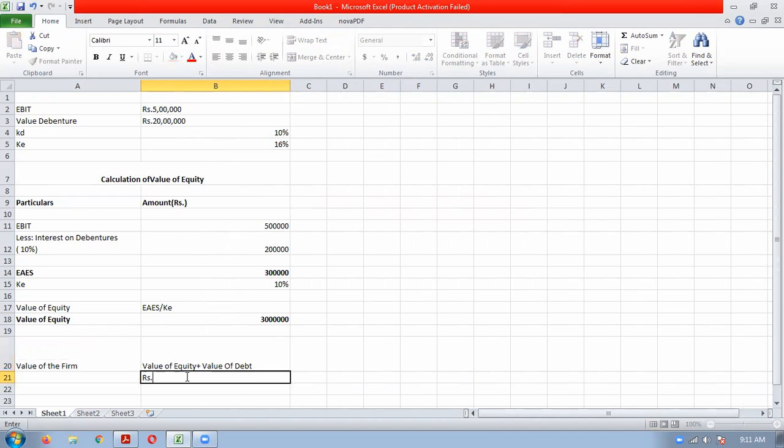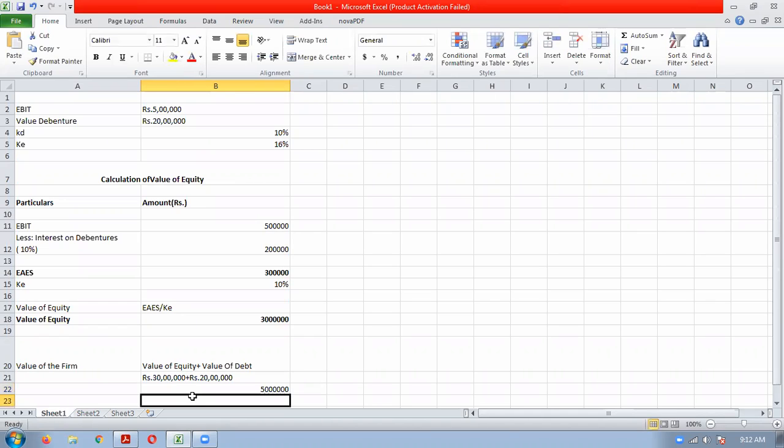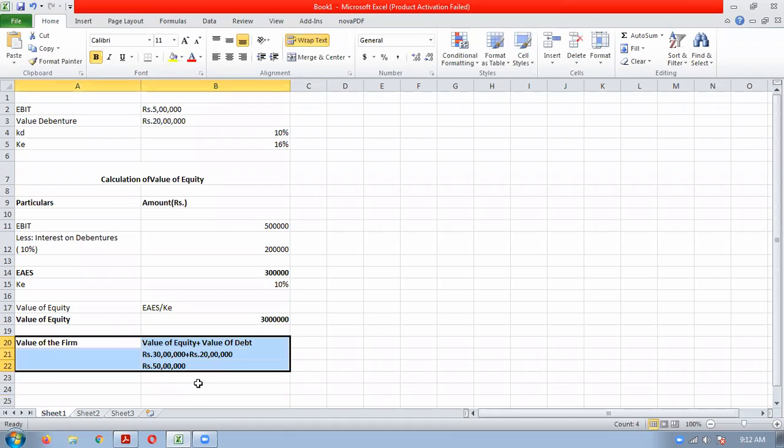Just now we have calculated 30 lakhs and value of debt is given 20 lakhs. So total of this will become the value of the company, which is 50 lakhs. Understood this part? Any confusion?